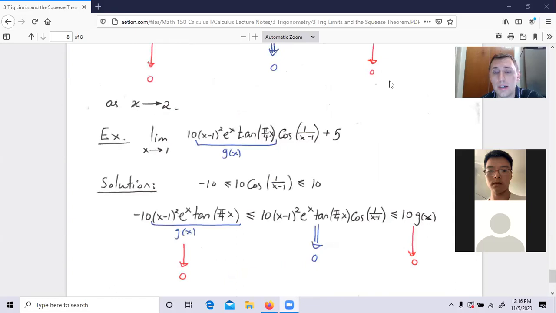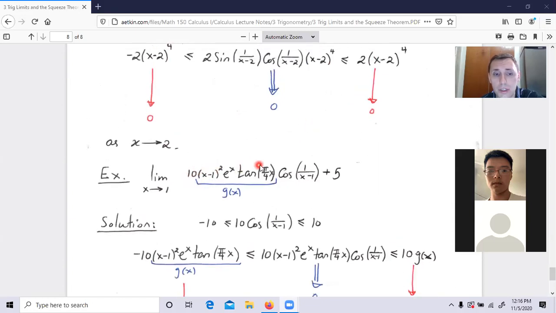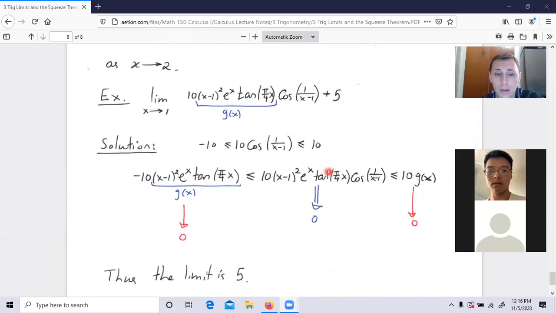Here is what we can do. I can first deal with whatever I called g of x. All of this thing, I can figure out what the limit is. So you have e to the x times tangent times cosine, all of this will go to 0 necessarily, because there is (x minus 1) squared, and that goes to 0.